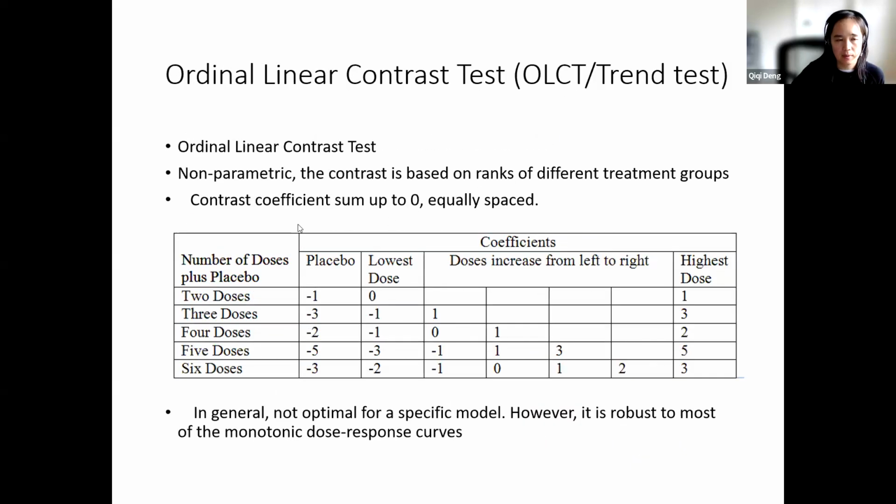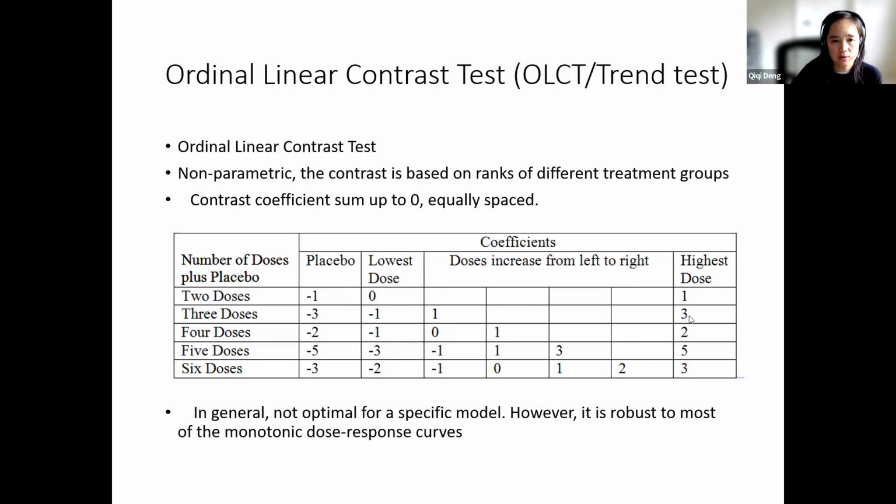So basically, this is a quick illustration for the trend test. In this idea, you combine the different doses using a certain coefficient or contrast for the testing. For example, if you have 3 doses, then you use -3 times the placebo, -1 times the low dose, then 1 times the middle dose, and 3 times the high dose, and you add them up.